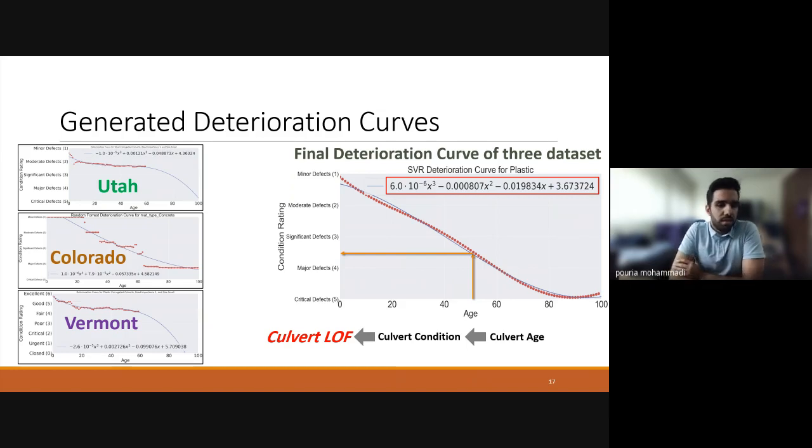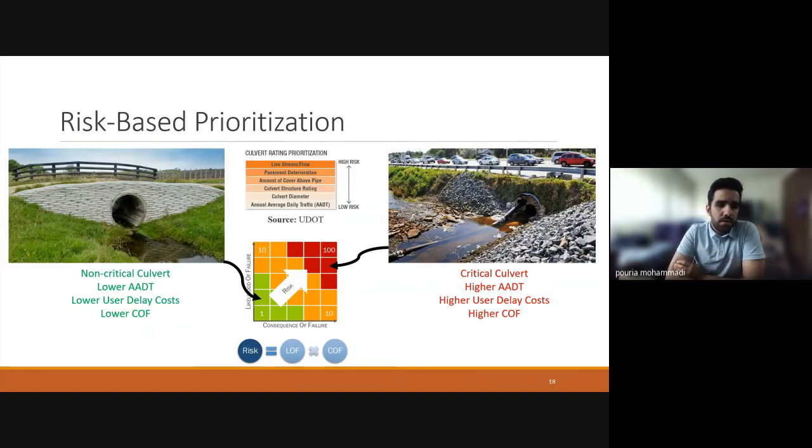After finding the deterioration curve for the culverts, we can use the culvert age to predict the condition of the culvert in the future, and then we can use it as a likelihood of failure for the culvert. After finishing the deterioration curve generation, we have to develop the risk-based prioritization method that we propose for inspection frequency.